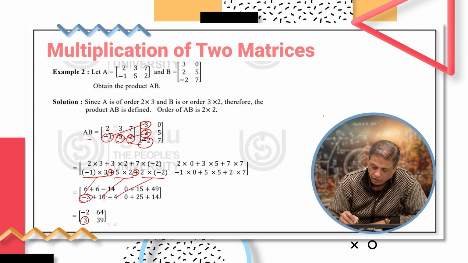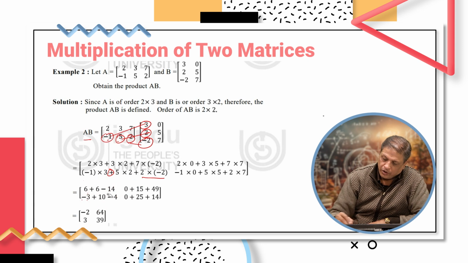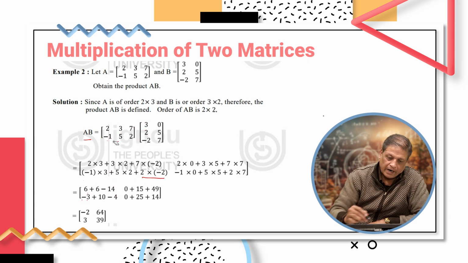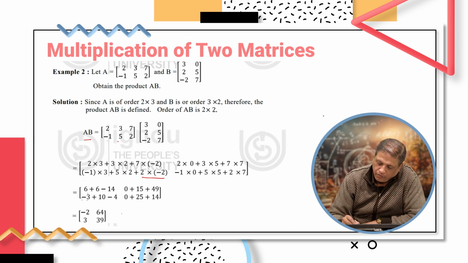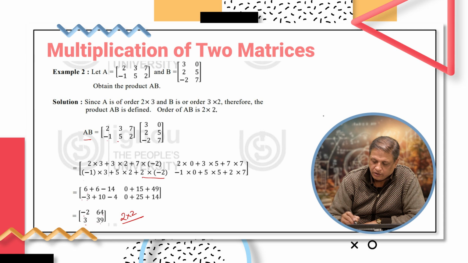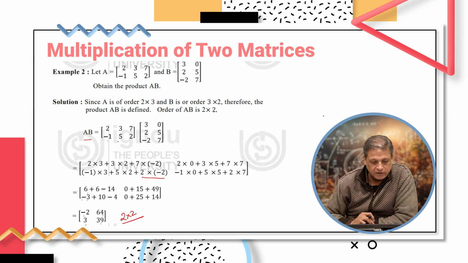So, this is how you got the second value. Similarly, you can calculate the other values, and you will find that after performing matrix multiplication, you get a matrix of order 2 cross 2 whose values are minus 2, 64, 3 and 39. I hope you understand how to perform the multiplication of two matrices.